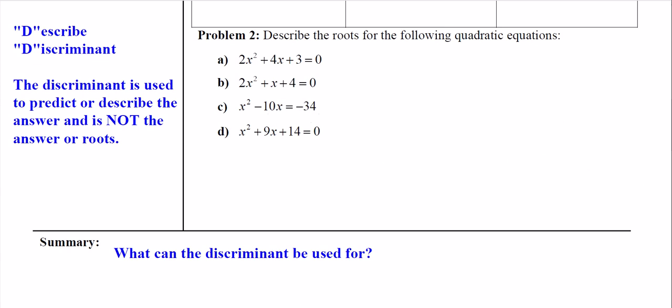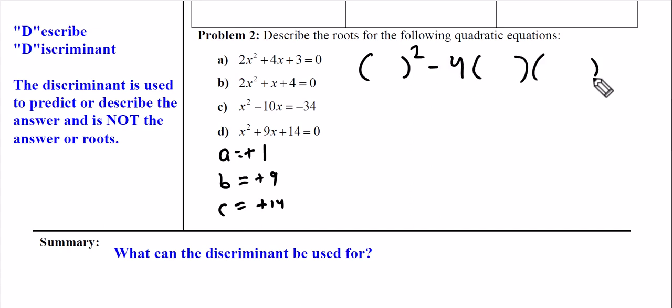Let's see what happens with part D. A is 1, B is 9, C is 14. We do b squared minus 4ac, positive 9, positive 1, positive 14. 9 squared is 81. 4 times 1 times 14 is 56. 81 minus 56, well, that's 25.